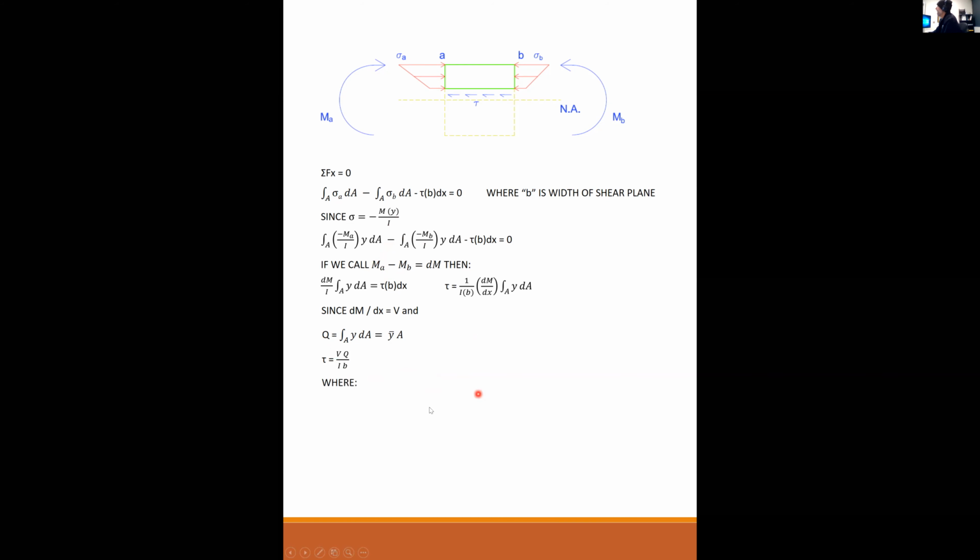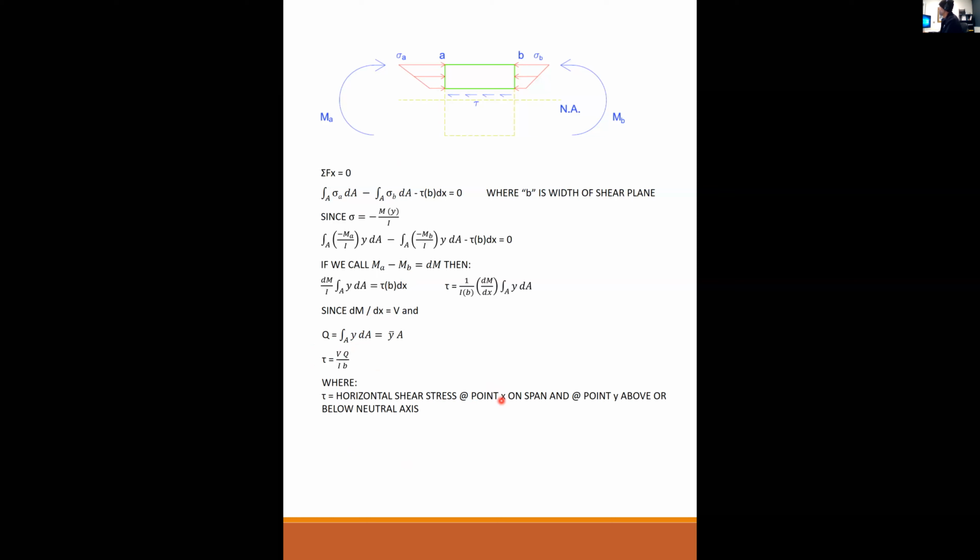All right. So this equation is the horizontal shear equation. And this is what we're going to do our problems with. So all of this was a derivation to get to this. And in this equation, tau is the horizontal shearing stress at a point X on the span.